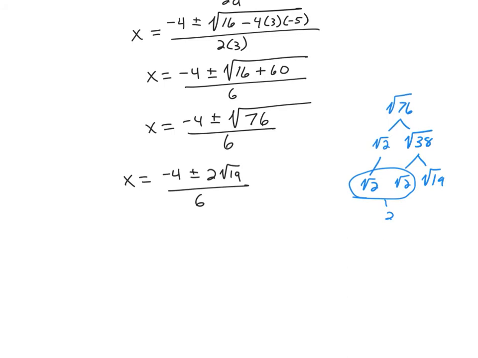Now, if you notice that there is a common factor of all 3 of these numbers, then you can simplify. 2 goes in here 3 times, 2 goes in here 1 time, 2 goes in here twice. And don't forget that minus sign, so I'm going to stick that right up there in front of the 2 so that I don't forget it. So I get x equals -2 plus or minus 1 radical 19, all over 3. And that's my final answer.